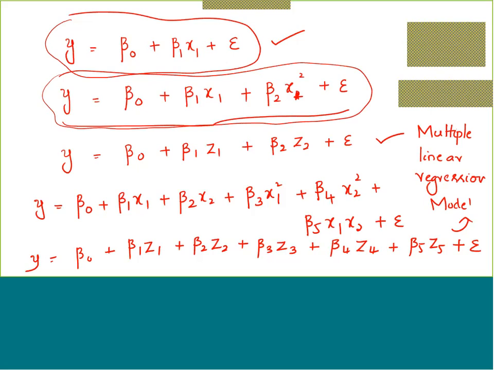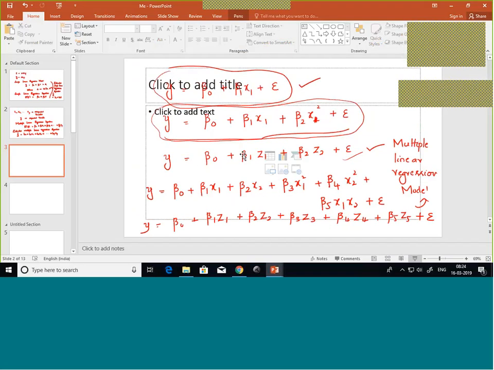Similarly, if you take a second order model with two independent variables x1, x2, still it can also be treated as a multiple linear regression model. So that's why the generalized linear model covers all varieties. That's what I want to say. After a small break, I'll solve a couple of problems in this case.